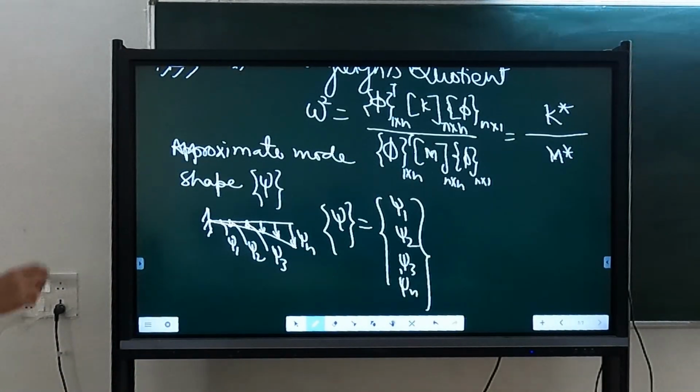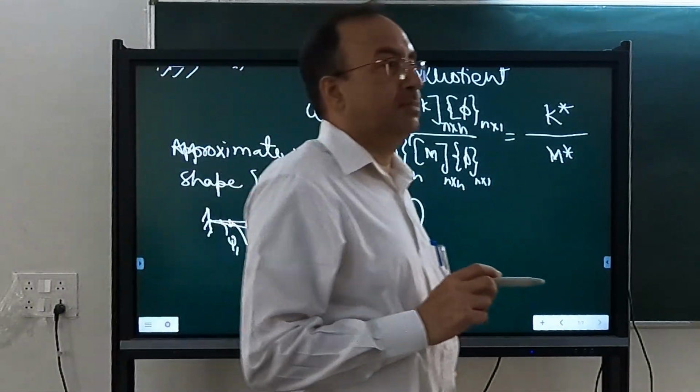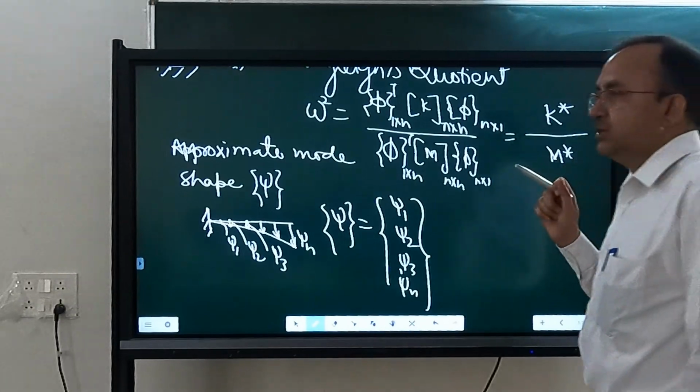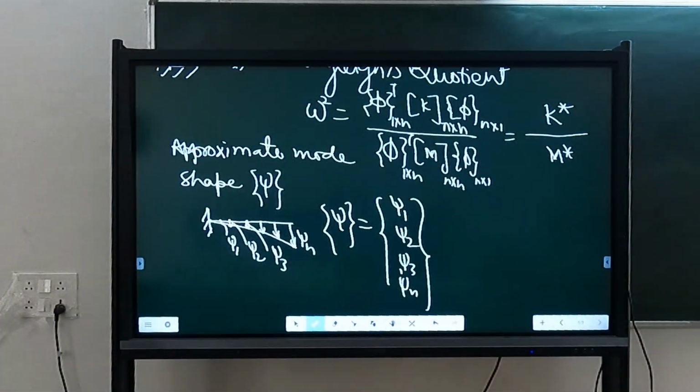This is nothing but the deflected shape of the structure. This is valid for buildings also. You can get a very good estimate of the mode shape from the deflected shape under self weight applied laterally. So we can make use of this.